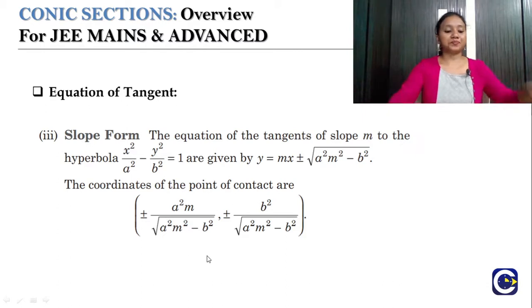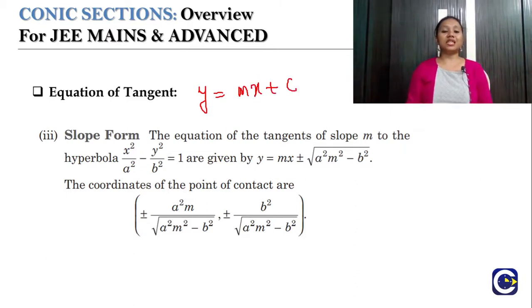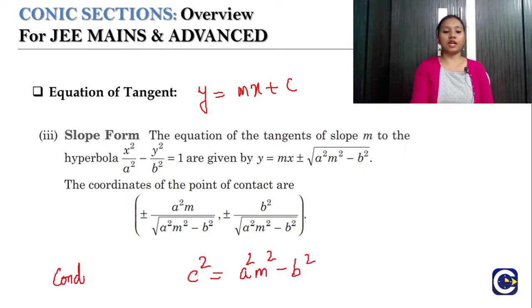In order for y equal to mx plus c to be the equation of the tangent, it must satisfy the condition of tangency, which is c square is equal to a square m square minus b square. So this is my condition of tangency.